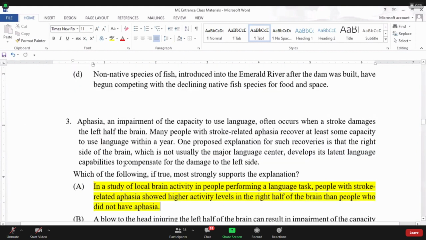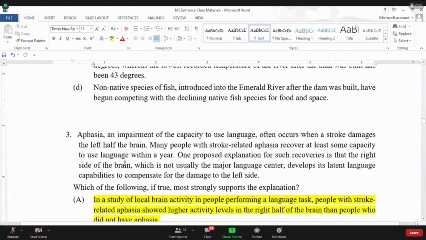Aphasia means inability to use language. Aphasia often occurs when a stroke damages the left half of the brain. When somebody has a stroke, the left half of the brain is damaged, and then aphasia occurs.